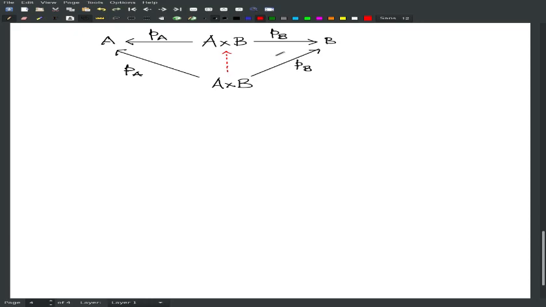The unique function. Which one? Identity. Yes, exactly.